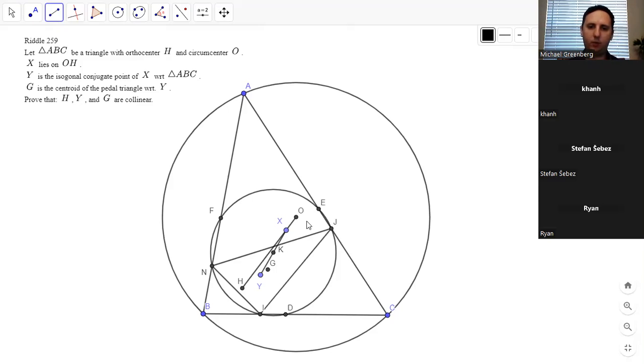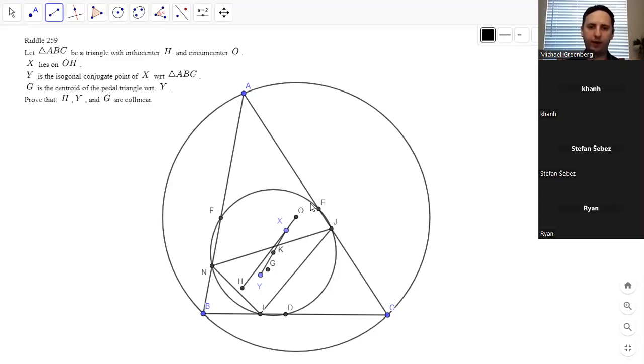So the 9-point circle is the pedal circle of O and H. What can we say about the pedal circle of a point on the segment OH? So yeah, if we drop perpendiculars from H and O, then I and D are symmetric about the midpoint of that segment.